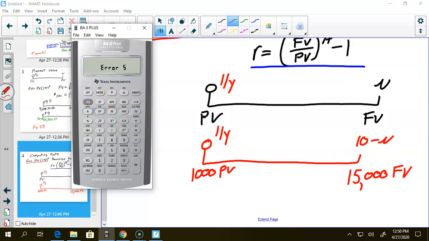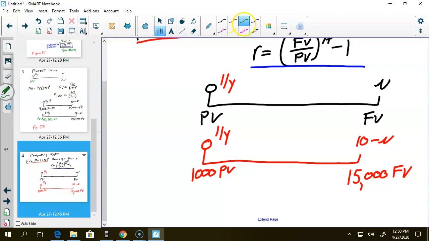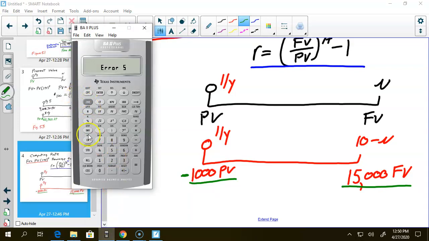Oh, notice I have an error 5. What in the world's going on? Anytime, folks, anytime that we have both a present and a future value, one of them has to be negative. And this is why I said earlier, get in the habit of making your present value negative.